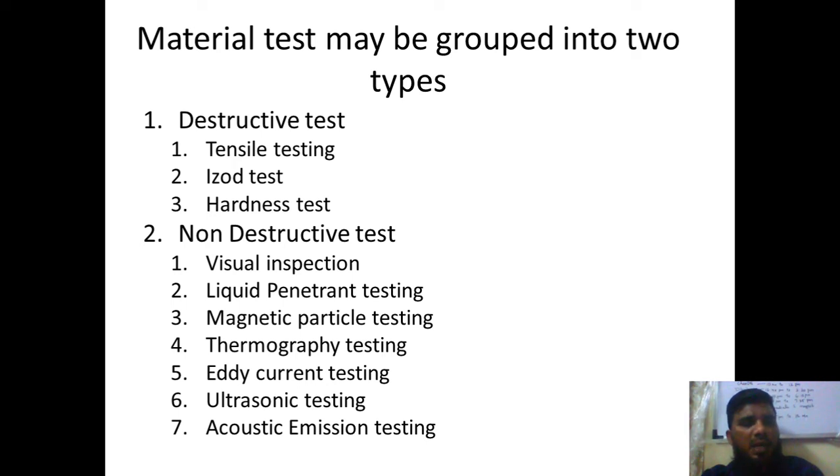It just depends upon the person who is going to visualize it. Other than that, liquid penetrant, magnetic, thermo, eddy current, ultrasonic and acoustic, all these you have in your 5 units. So before entering into those units, let us go through all the techniques and the principle behind them. Then we will go into the advantages, disadvantages and the various characteristics of the techniques.